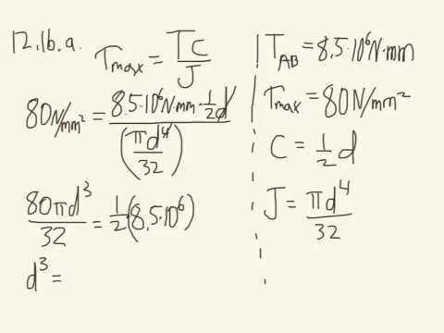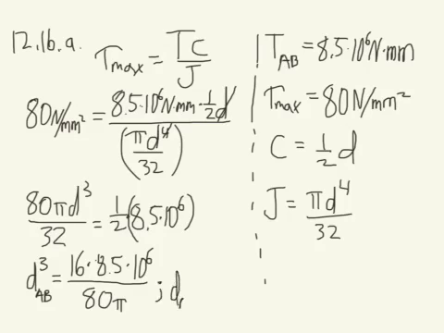This is the diameter of the section A to B that we've been solving for. Now it's just a matter of using your calculator to get the cube root of this. After getting the cube root, we're getting d itself for the section between A and B, and like I promised, that is in millimeters.